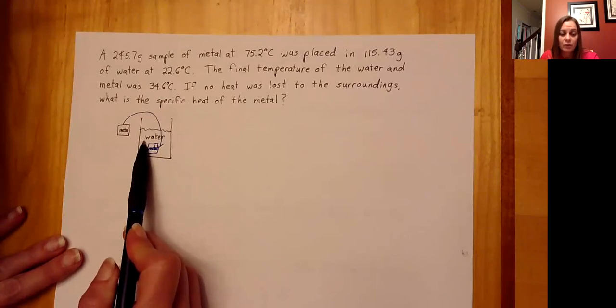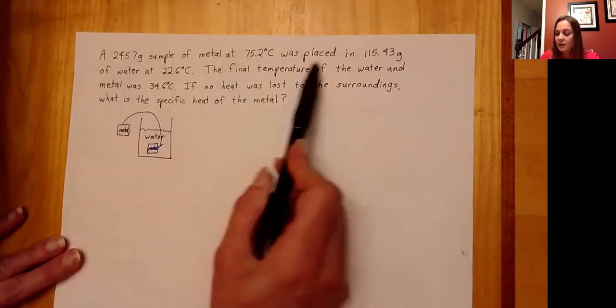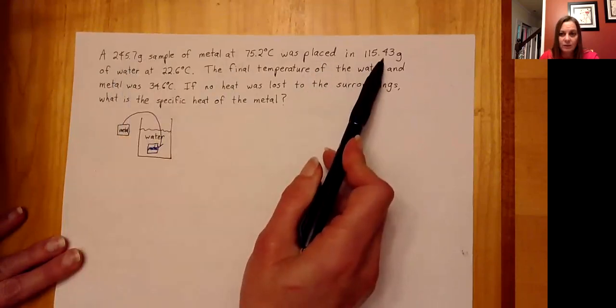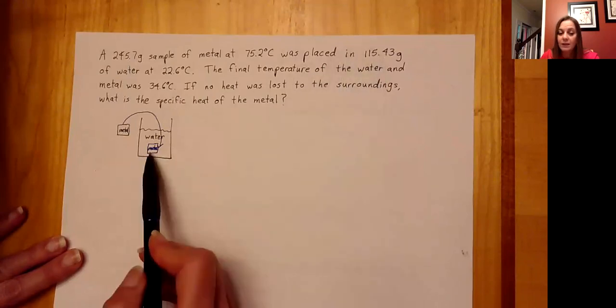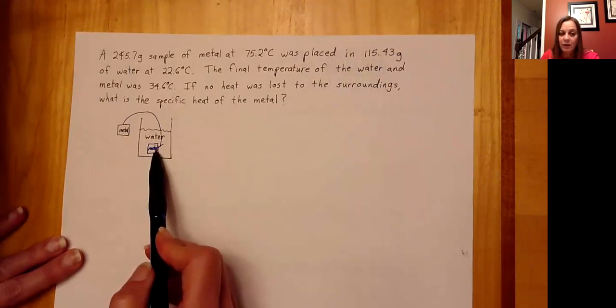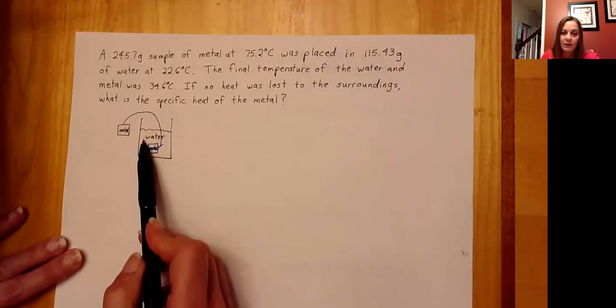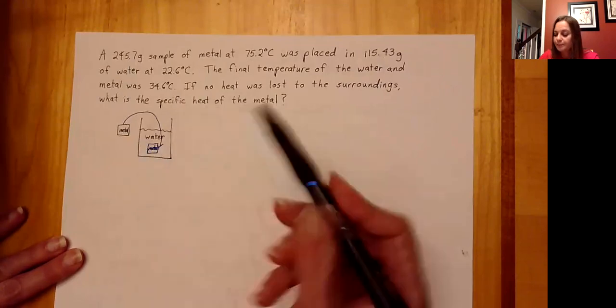So their temperature changes will not necessarily be the same since we have different masses and we know that they have different specific heats. But the heat that is lost by the metal is equal to the heat that is gained by the water.